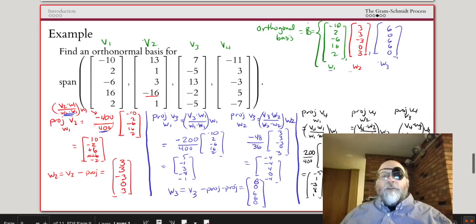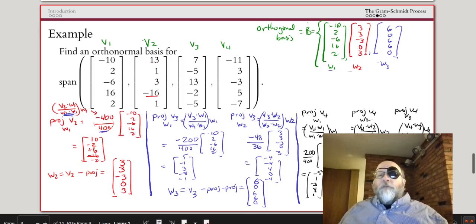Then this projection, V4 dot W2, negative 33 plus 9 plus 9 minus 21 is negative 36. And W2 dot with itself is just 9 plus 9 plus 9 plus 9. That's also 36 times W2, which is 3, 3, negative 3, 0, and 3.